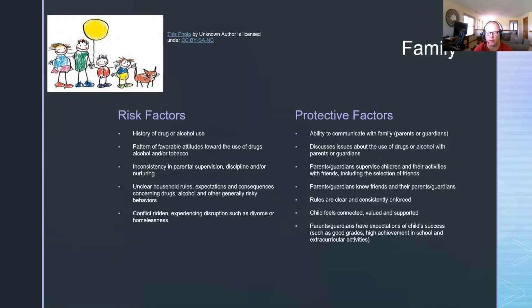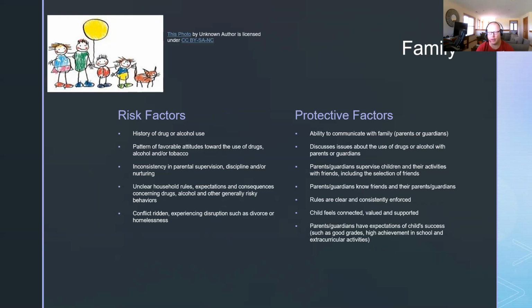Some protective factors based on our families: ability to communicate with family, parents or guardians. Hopefully you have an open communication with your parent or guardian, discussing issues about the use of drugs or alcohol. Parents, guardians supervise children in their activities with friends, including the selection of friends. Parent guardians know the friends and their parents and guardians.